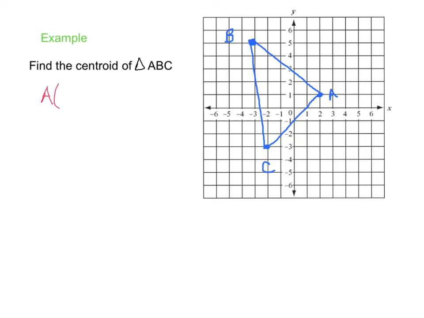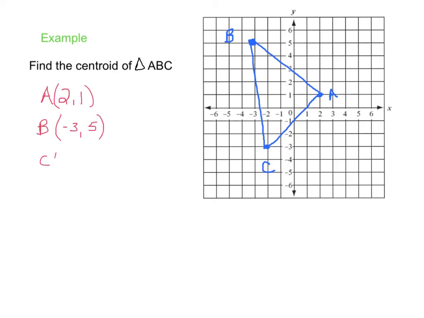A is at the point, let's see, we start at 0 and we go over 1, 2, comma 1. We go over 2 and we go up 1. So A is at the point (2, 1). How about B? B is at the point (-3, 5).